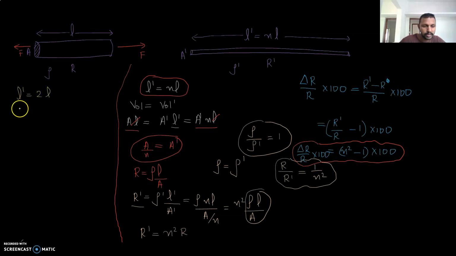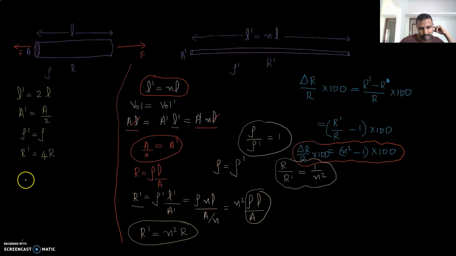Final length is 2 times initial length means final area of cross section will be A by 2. Clear? Then resistivity will not change. That is rho dash is equal to rho itself. Then R dash, final resistance, since it is n square R, will be 4R.